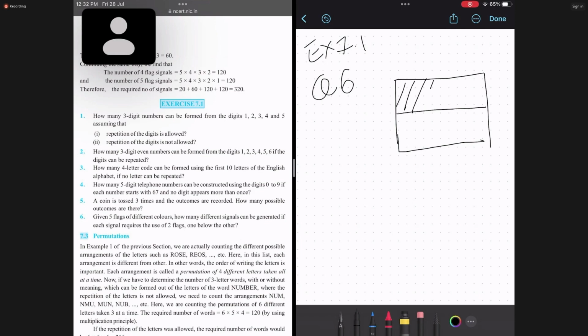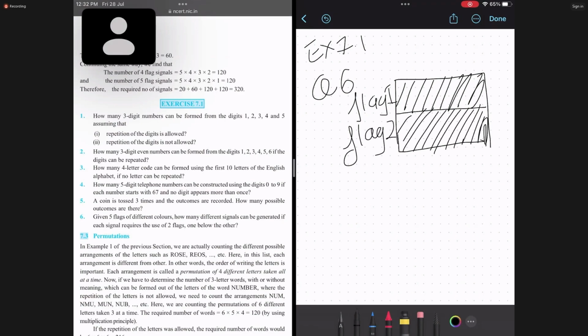This is filled up using flag 1, and this has been filled up using flag 2, correct? Now it has already been stated to you that you have 5 flags that you could use. So the first part of the signal can be made up using 5 choices.